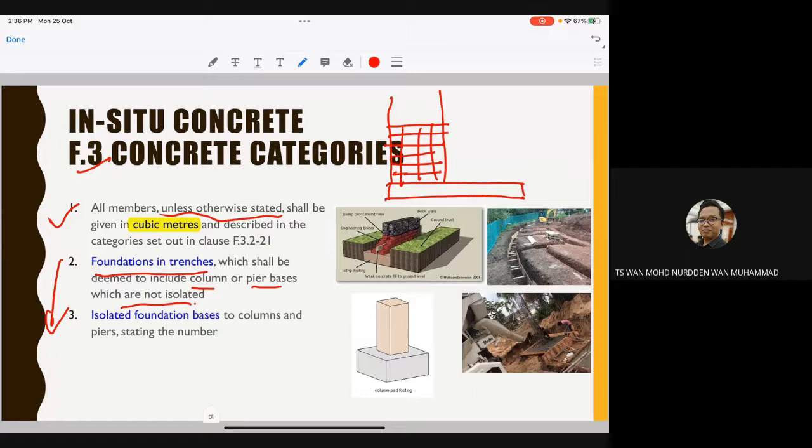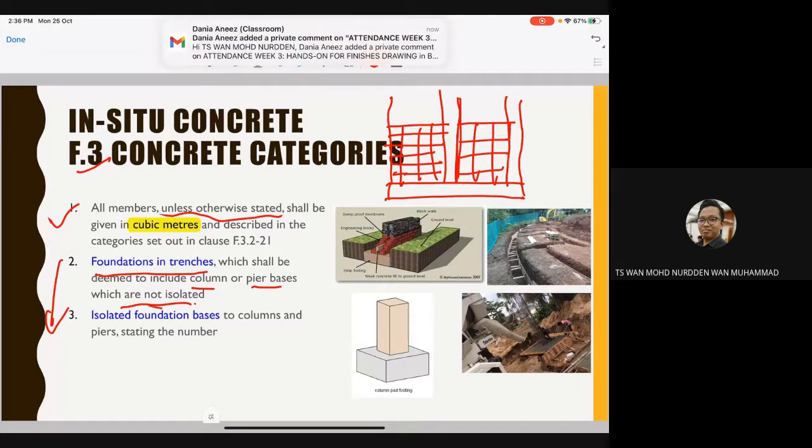Okay, and then katakanlah kita ada column kat kawasan ni. Then dia ada big wall ataupun ada lepas tu ada pier pula lepas ni, tapi semua tu attached all together ataupun semua tu menggunakan foundation yang sama. Sebab dia kat sini which are not isolated. Okay, so kita boleh combine all together all of this foundation.